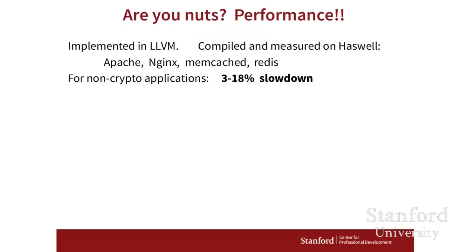We implemented this in LLVM and tried it on a lot of common applications. There is definitely a penalty, but the slowdown is not completely unreasonable, and it provides quite a strong level of defense.